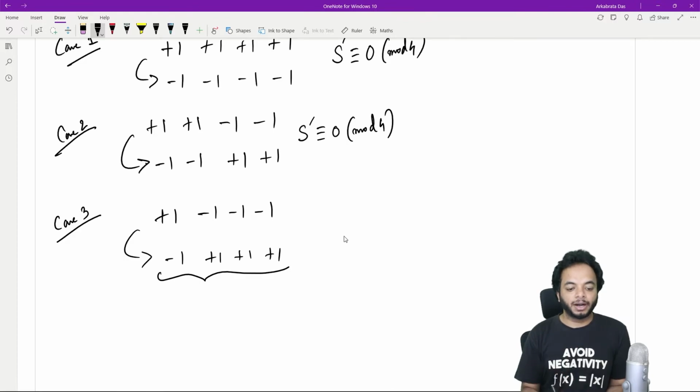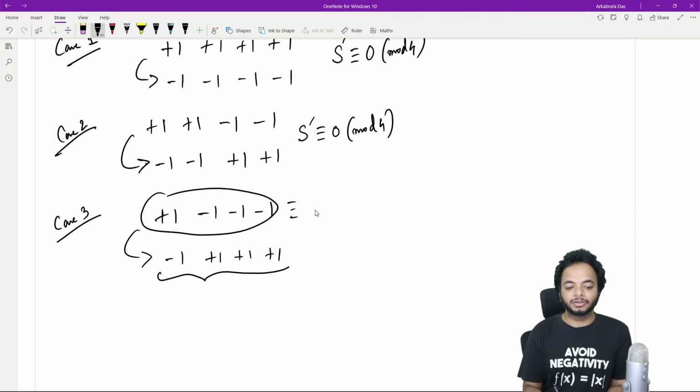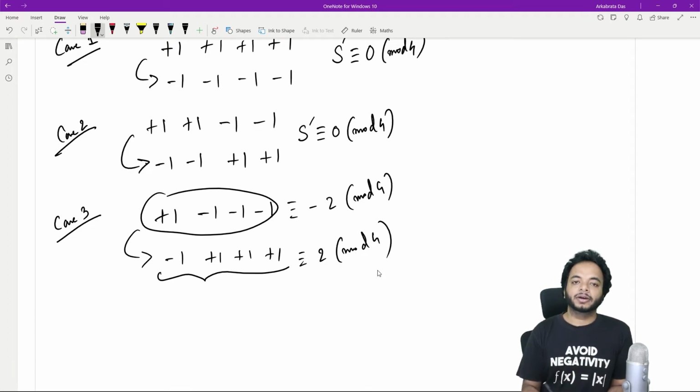So this part is congruent to -2 modulo 4, which is basically 2 modulo 4, and after the change it is congruent to 2 modulo 4. Thus in this case also s dash is congruent to 0 modulo 4.